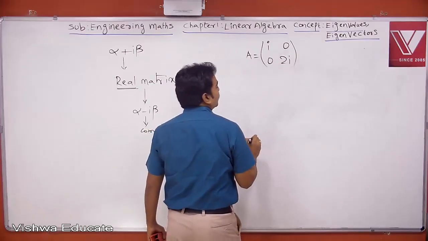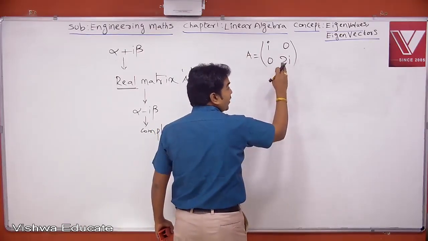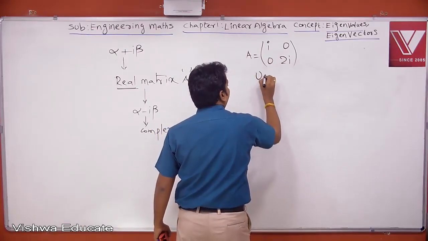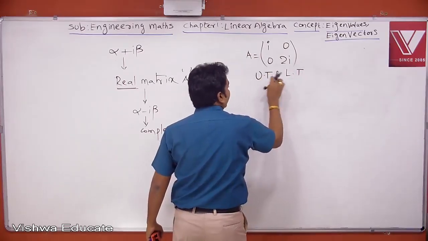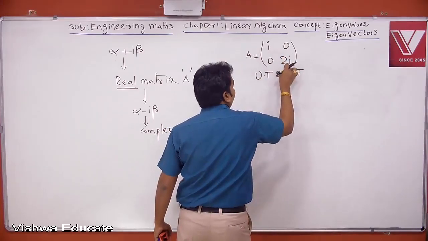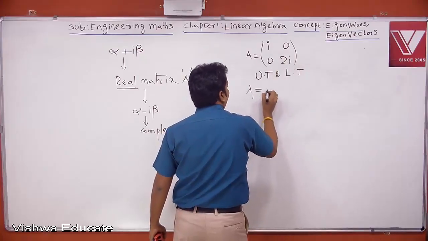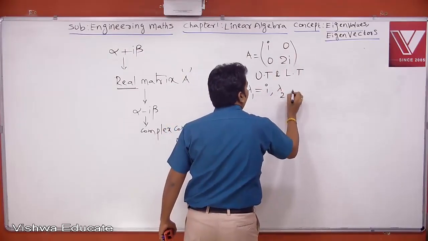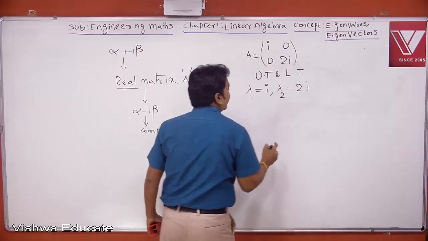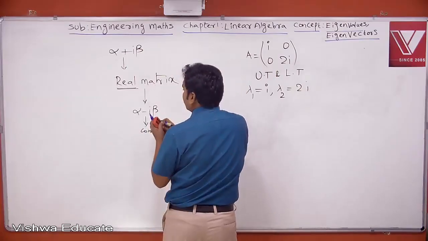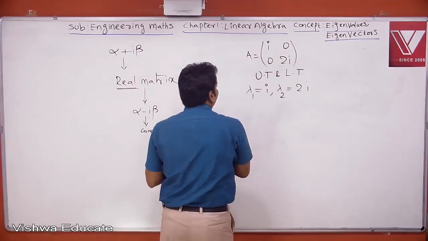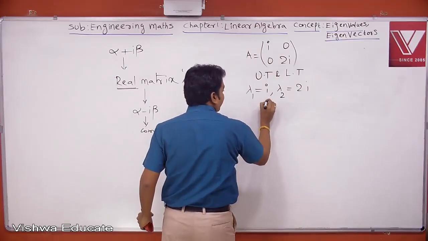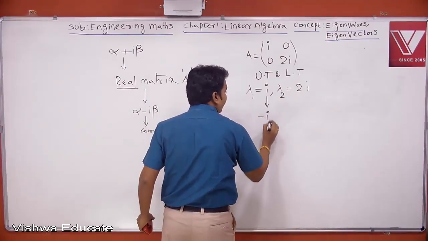Now this is a complex matrix. Of course this is a diagonal matrix, upper triangular and lower triangular matrix. In either case, my eigenvalues are the diagonal elements. So here lambda 1 equals i, lambda 2 equals 2i. So according to this property, suppose I miss this word real, then according to this property, if i is an eigenvalue, then minus i is an eigenvalue.